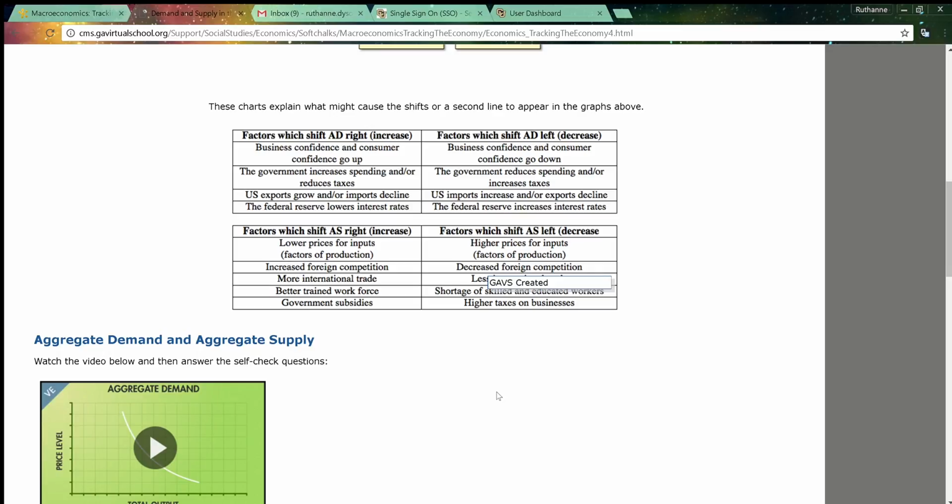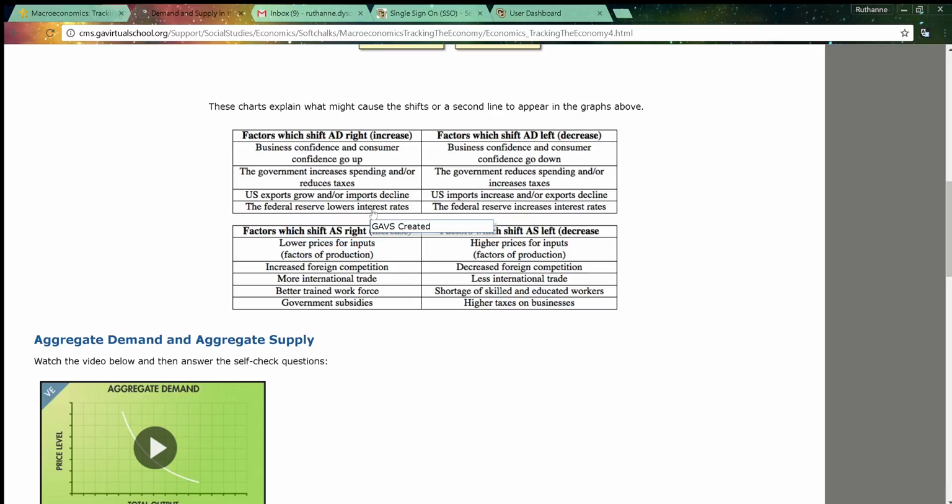So factors that can shift aggregate demand to the right are business confidence and consumer confidence go up, government increases spending and reduces taxes, and a reduction in taxes gives people more money to spend on goods and services. U.S. exports grow and or imports decline, meaning that we are producing a lot, sending it out, and we are not bringing in goods and services from other countries, because typically that means that we want cheaper prices.